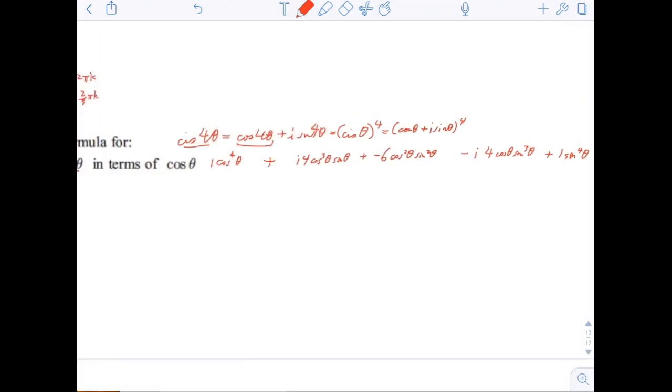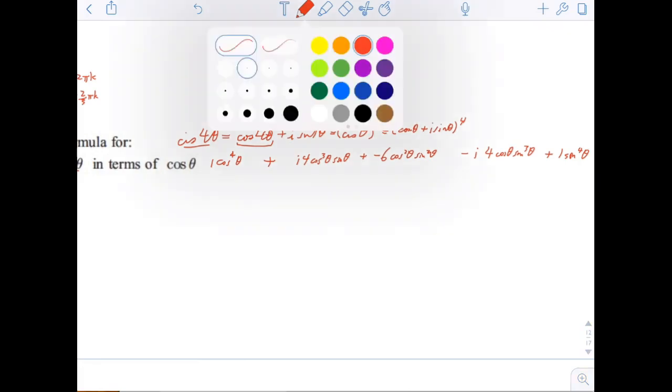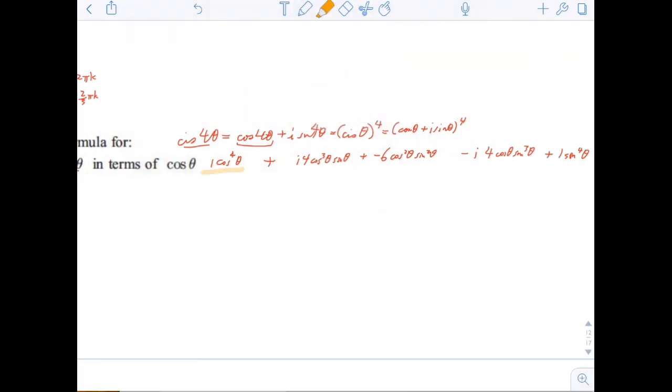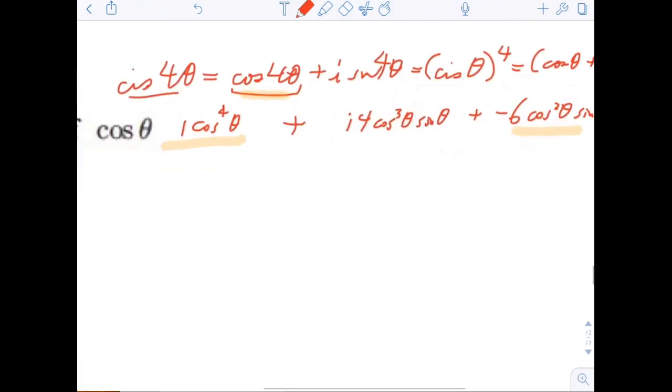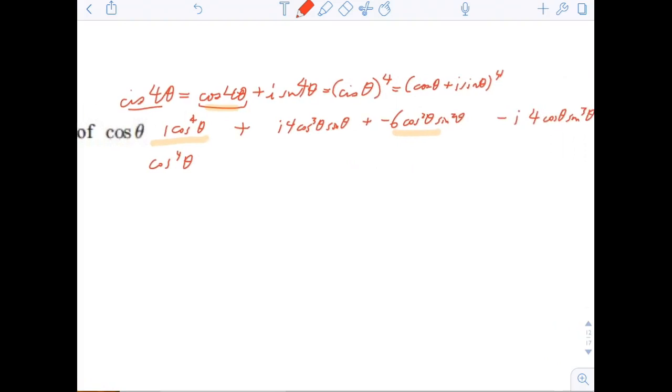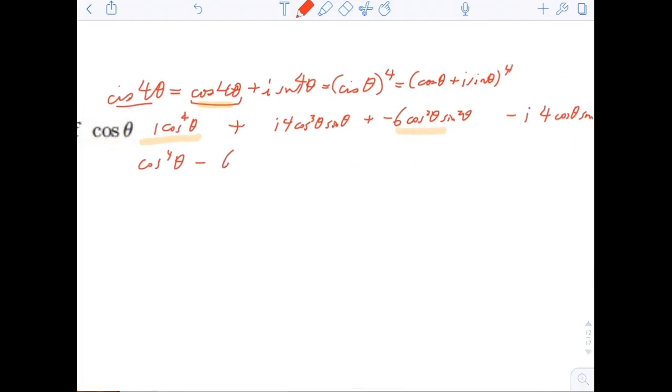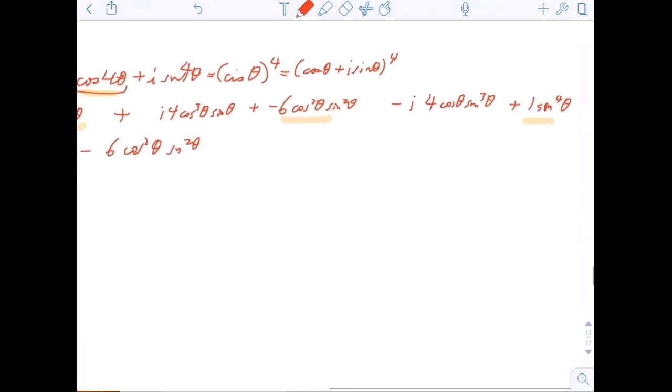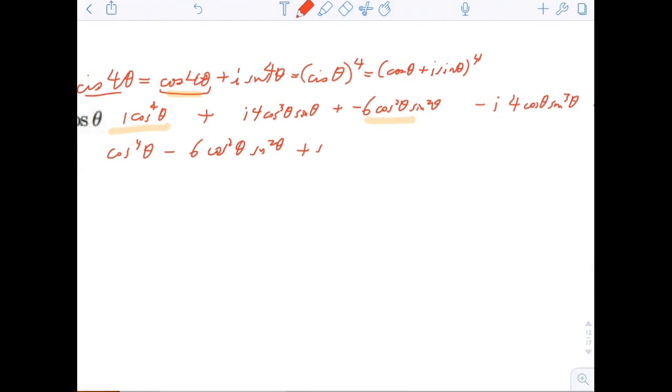Then I divide it into the real and the imaginary parts. And so the real part is what I'm concerned with, because I want to know what cosine 4 theta is, which is the real part. So it would be this, this, and this. So it would be cosine to the fourth theta minus 6 cosine squared theta sine squared theta plus sine to the fourth theta.